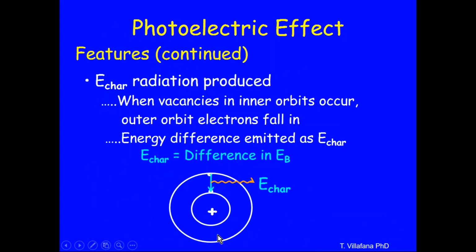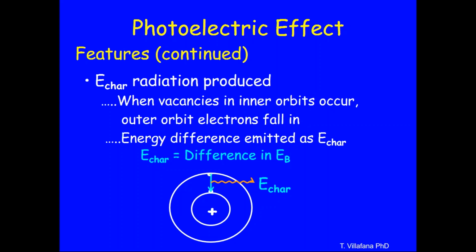Okay. We continue with the features. We just saw that the initial interaction is that the photons knock out an orbital electron. And if they knock out an orbital electron, what happens consequent to that? Well, remember back in X-ray production where we had the incident electron coming in, knocking out an orbital electron, and we created a vacancy?